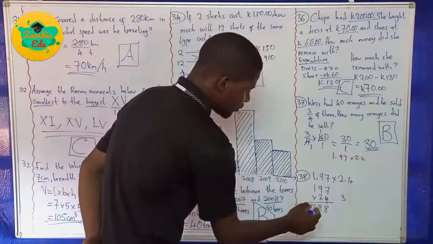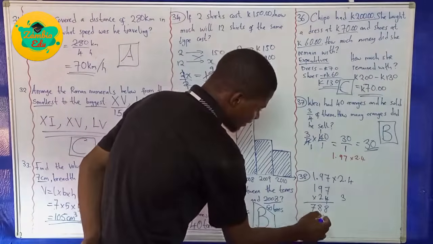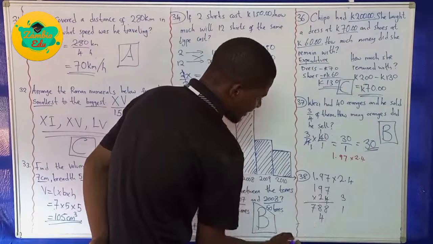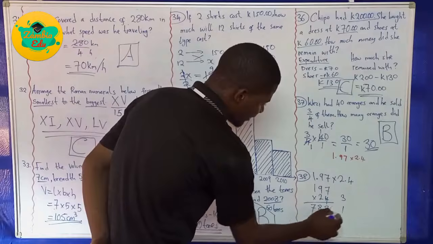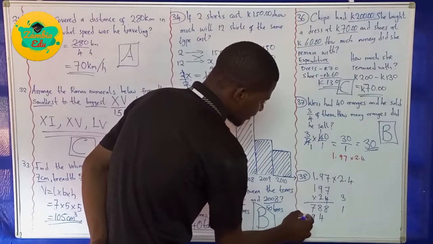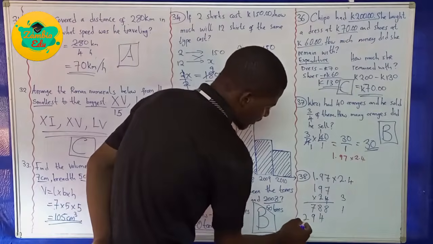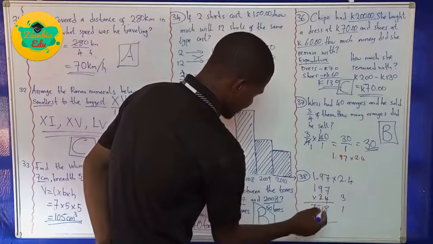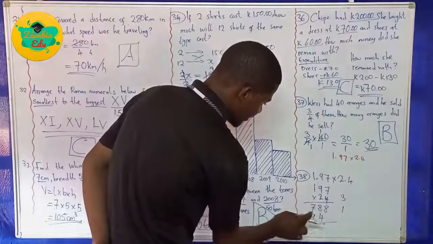Now we move to 2. 2 times 7 is 14. Remainder 1. 2 times 9 is 18, plus 1, 19. So 9, remainder 1. 2 times 1 is 2, plus remainder 1 is 3. So you do that. Oh, pardon me. 2 times 1 is 2, plus 1, it's a 3 there.